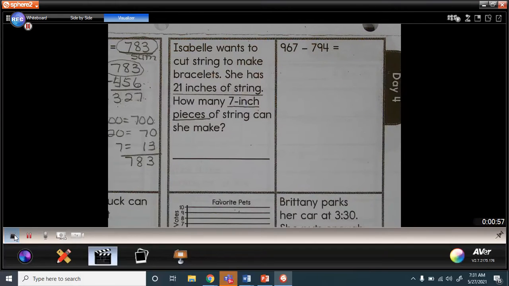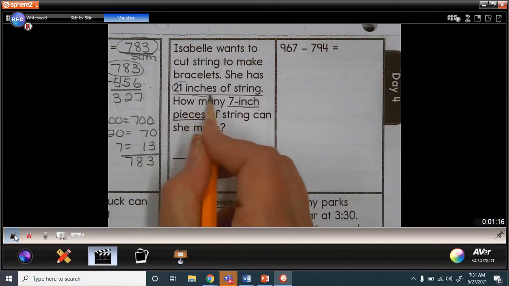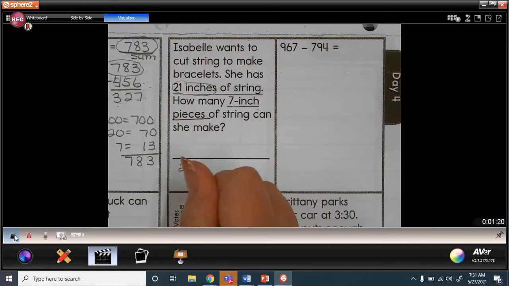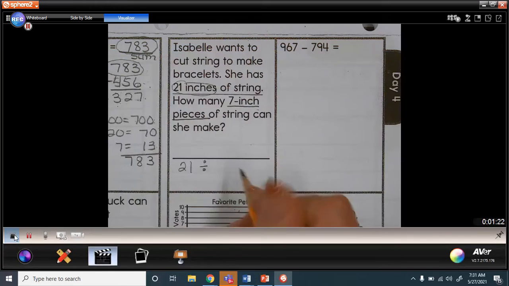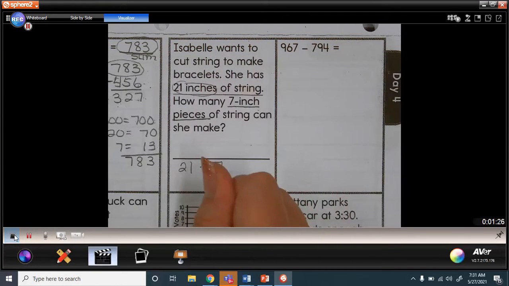So do we have 7 groups of 21? No. What we're doing is, if you imagine, we're taking that string and we're cutting it into parts, so we're dividing it. So what we're going to do is take this 21 inches and we're going to break it up evenly, or divide it, or share it equally into 7-inch parts.